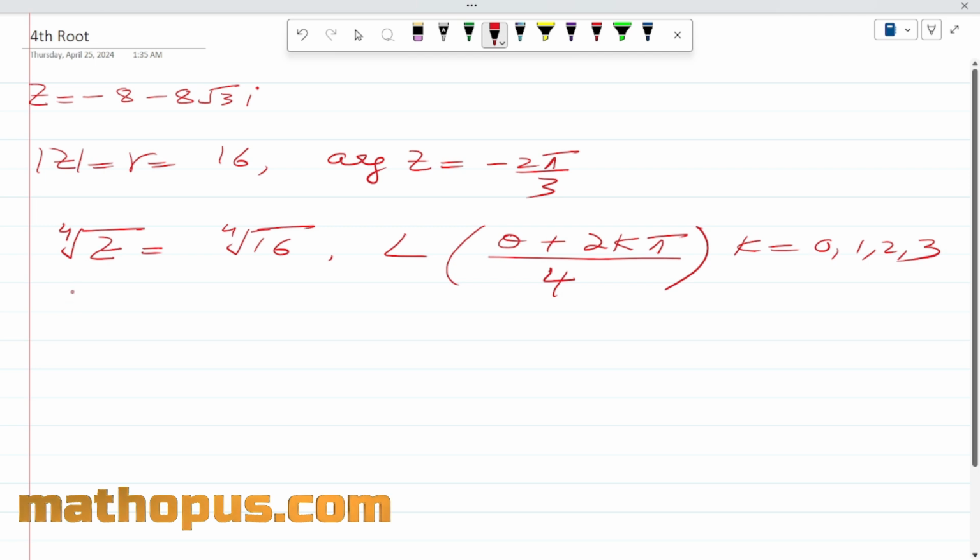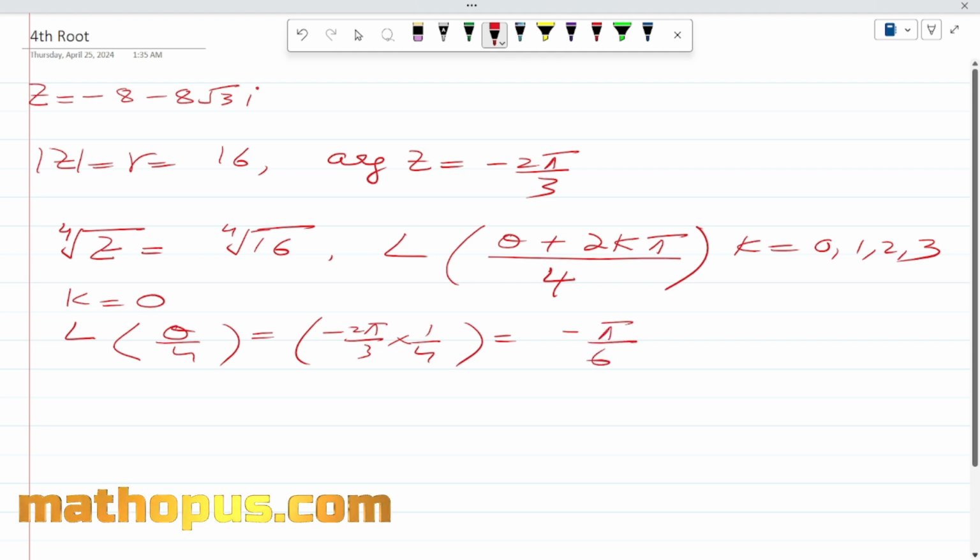So first of all, for k equals 0, what would be the angle? The angle is going to be theta over 4. Theta is minus 2 pi over 3, so 2 pi over 3 into 1 over 4, that is going to be minus pi over 6.